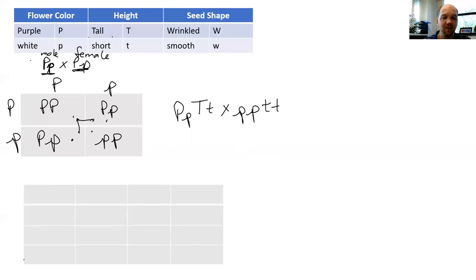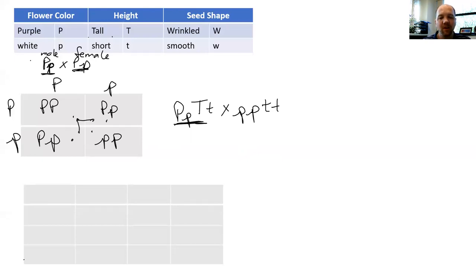Okay, so now remember, when you set up the Punnett square, we have to figure out what are the possible gametes that this individual can produce. And so the P's are going to separate in meiosis, and the T's are going to separate as well in meiosis. And so we'll end up with sperm or egg cells that have one P and one T. So what we have to figure out is all the combinations of P's and T's that we can form.